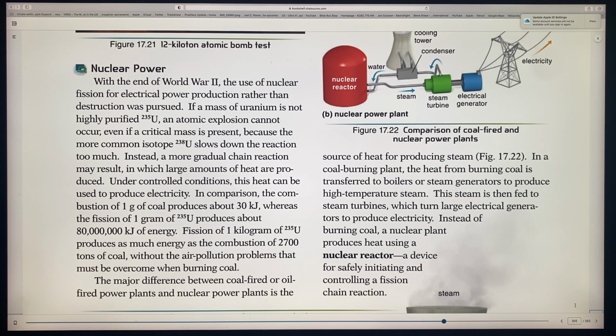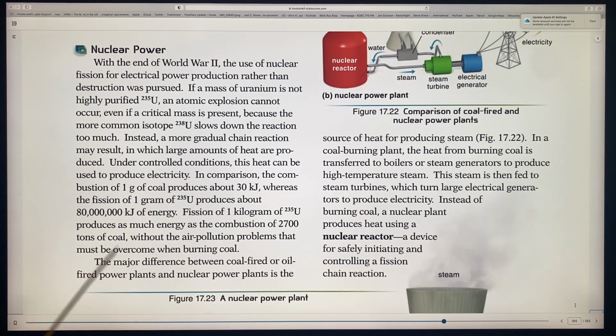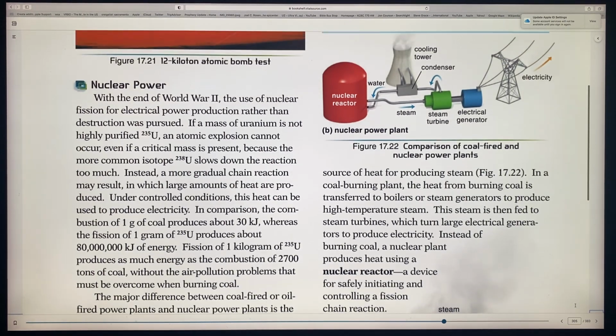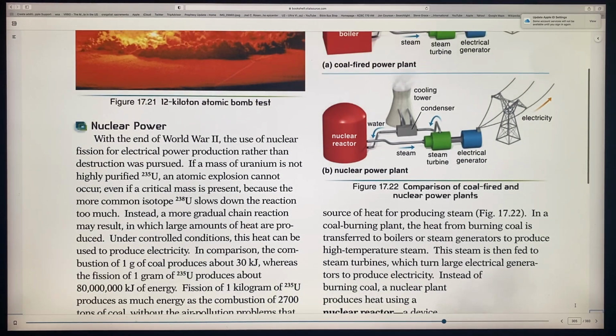And of course, we know the whole world has been polluted in some areas more intensely with the burning of coal. So we would not have that problem if we could harness this nuclear power. The major difference between coal-fired and oil-fired power plants and nuclear plants is the source of heat for producing steam. In a coal burning plant, the heat from burning coal is transferred to boilers or steam generators to produce high temperature steam.